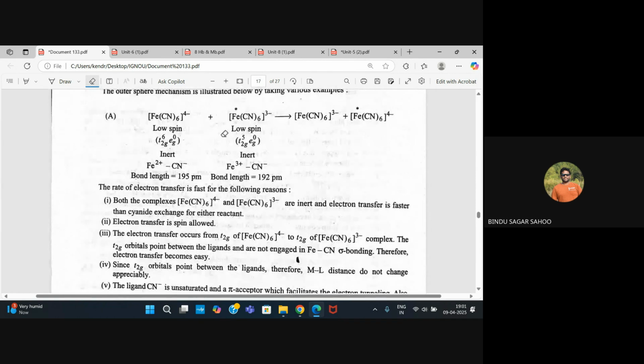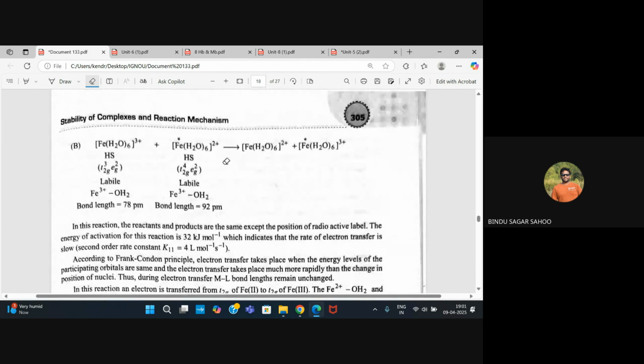But when the bond length difference is less, that means there will be a subtle energy difference between these two metal complexes' orbitals. So when the energy separation is less, the bond length difference will be less.